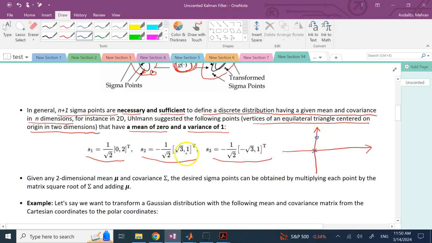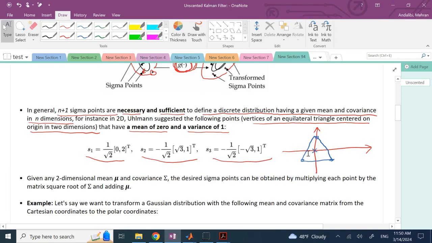The next point is square root 3 over square root 2 and 1 over square root 2, both negative. So it comes basically like there. And this one, you see the x of it is positive, the y of it is negative, so it comes there. So these are what? The corners of the equilateral triangle around the origin.